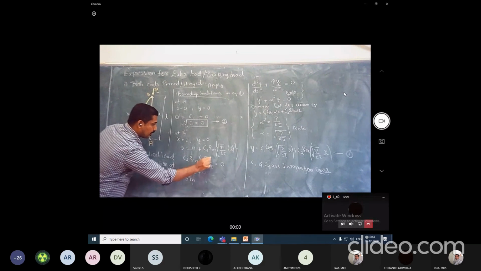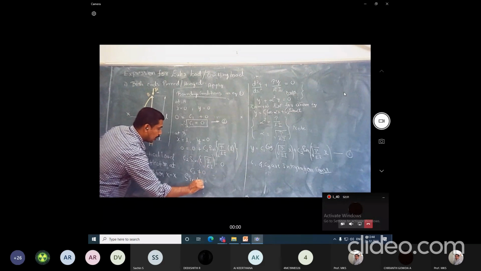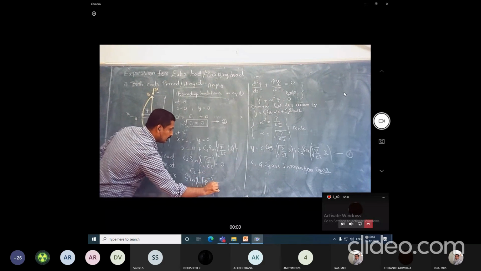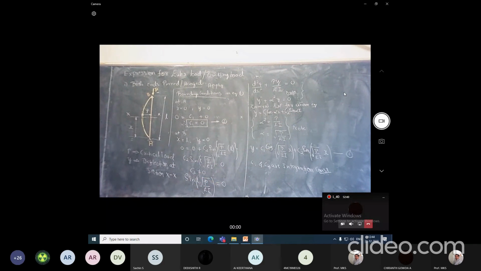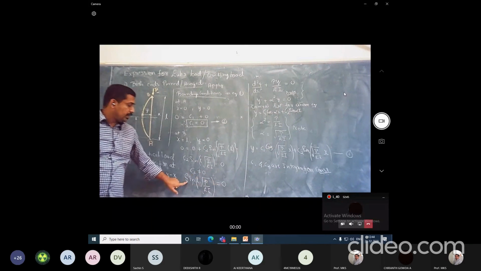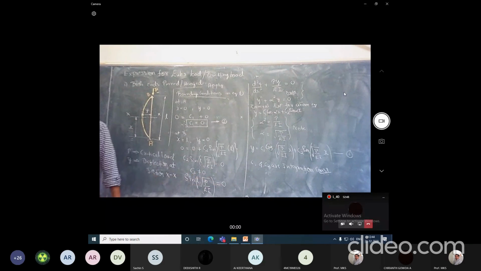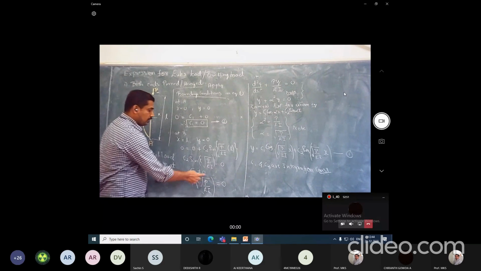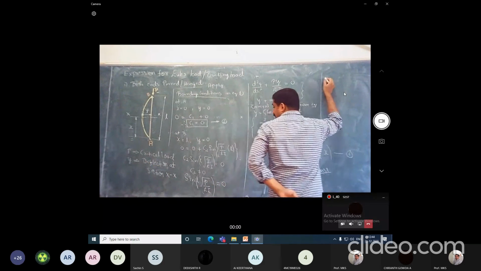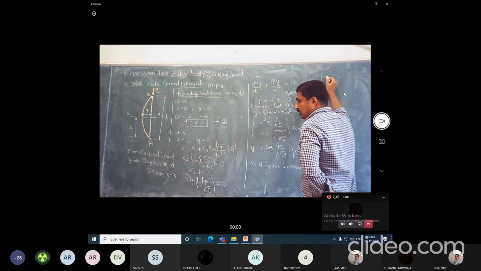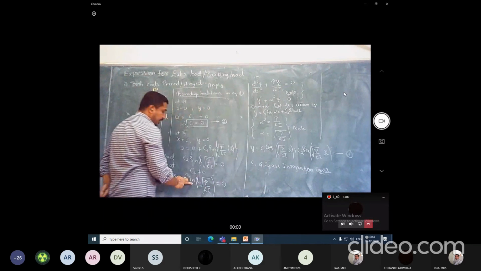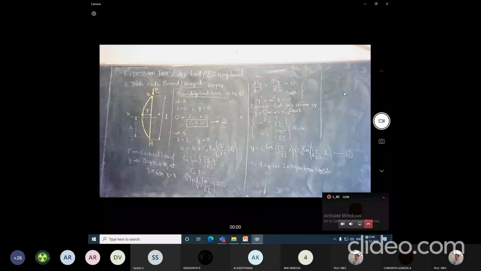So sin of L into root of P by EI will be equal to 0. Sin theta will be equal to 0 when theta is how much? Whether it is 0 degrees or pi, right? Whenever theta is 180 degrees or 0 degrees, this sin term will become 0.